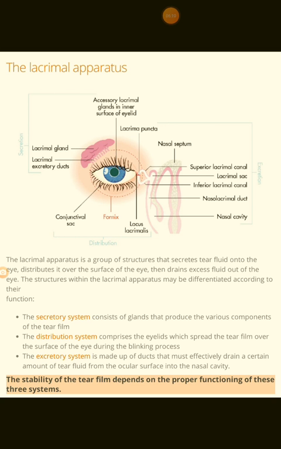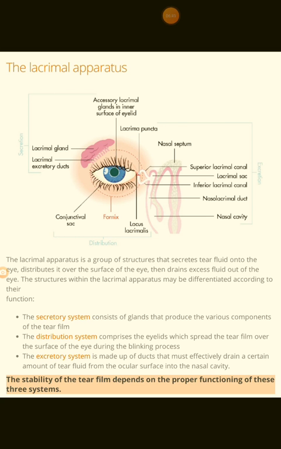Then we will talk about what is the innervation of the lacrimal apparatus. The lacrimal apparatus has both sympathetic supply through the carotid plexus and parasympathetic supply from the lacrimal nucleus of the facial nerve.